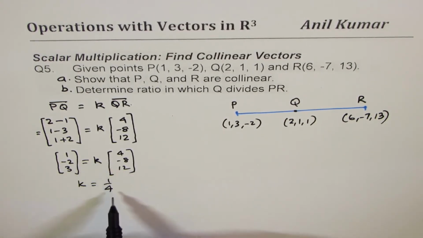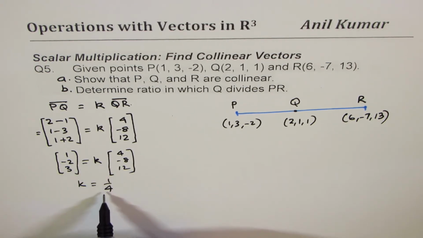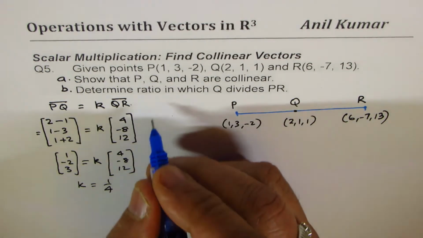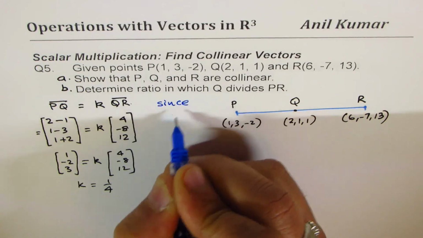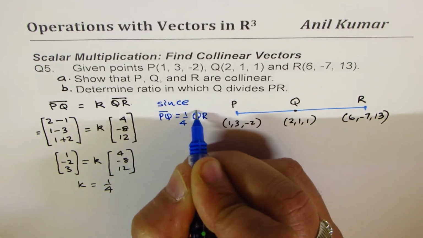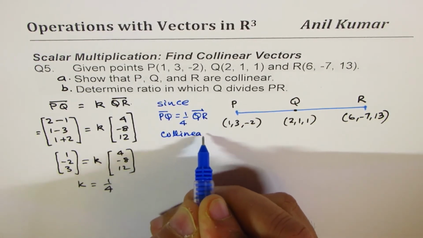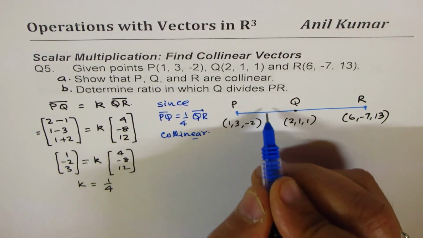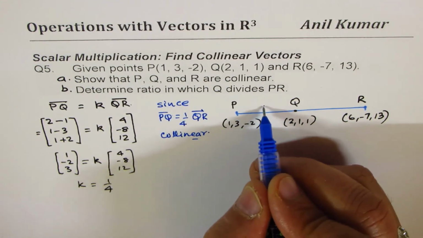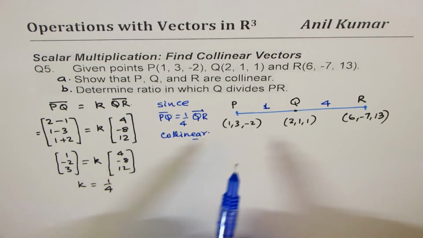Now since we have a constant, it means they are collinear. Since PQ equals 1/4 of QR, these are vectors, that means they are collinear. If PQ is 1, QR is 4. Do you see that? That's what we are trying to say here.